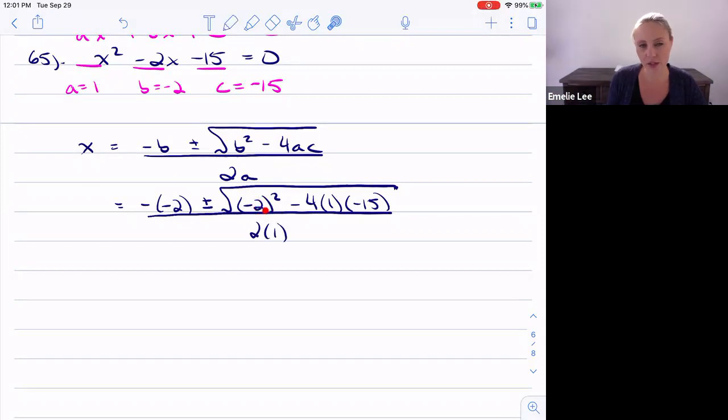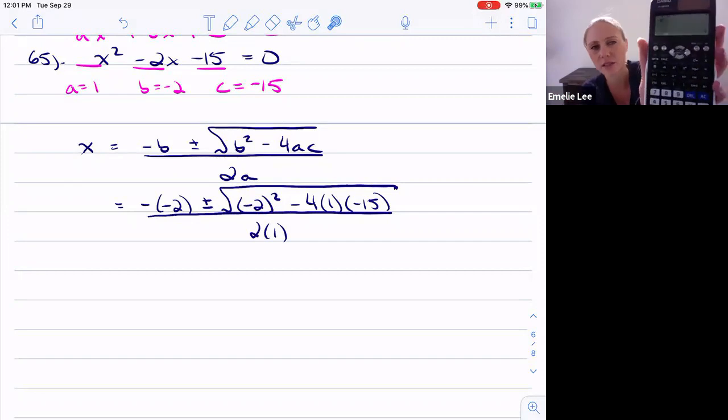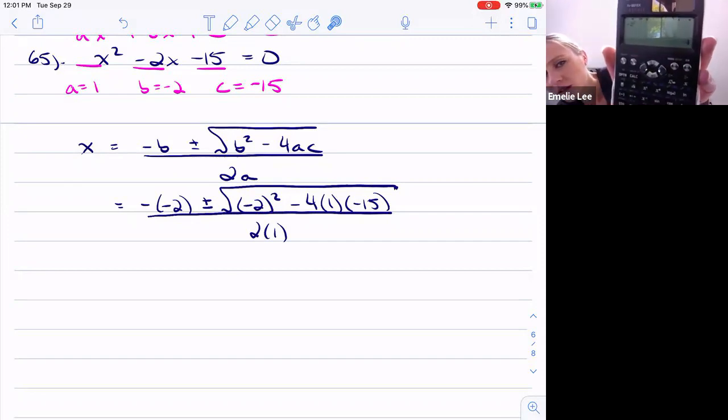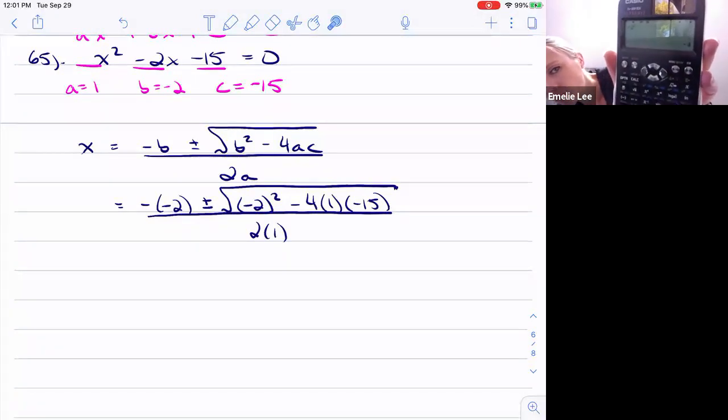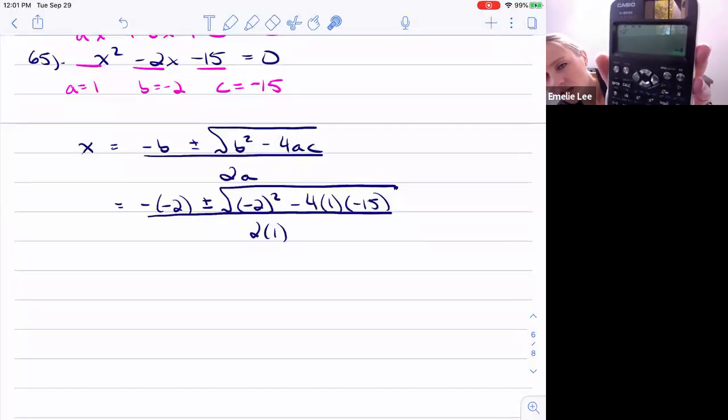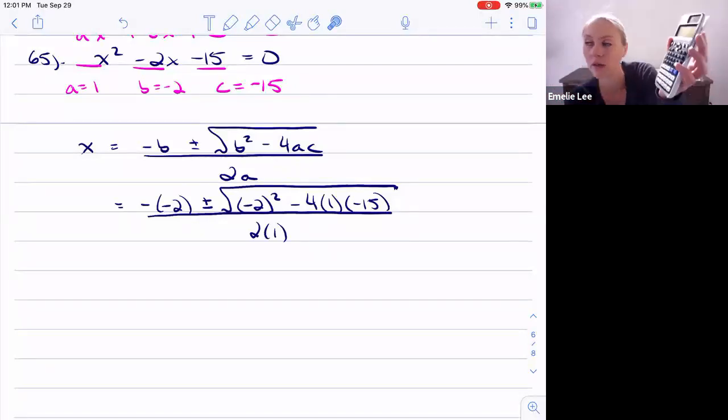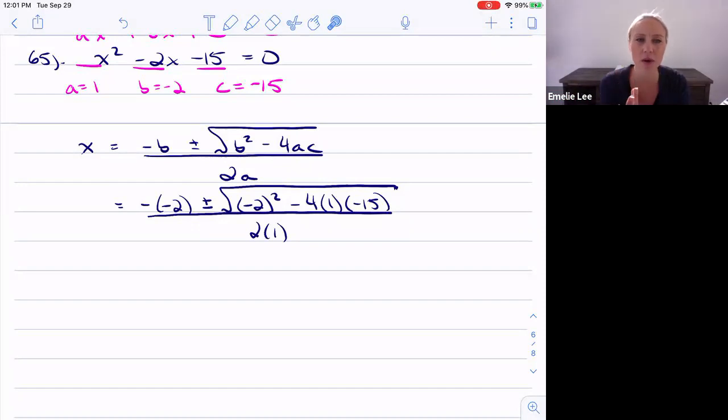One thing that I want you to check on your calculator is when you do negative 2 squared, if it gives you a negative 4. If I just do that on my calculator, it tells me that it's negative 4, but if I square a number, it's always going to be positive, right?